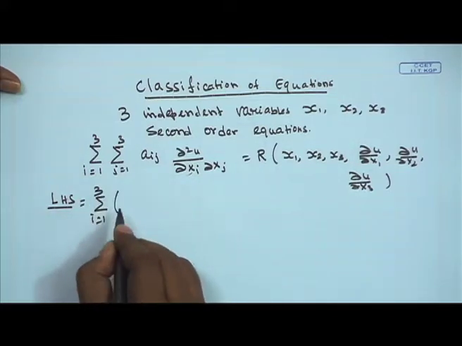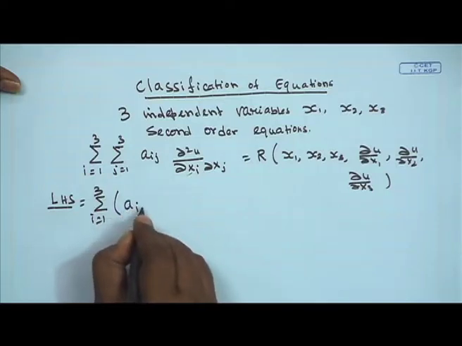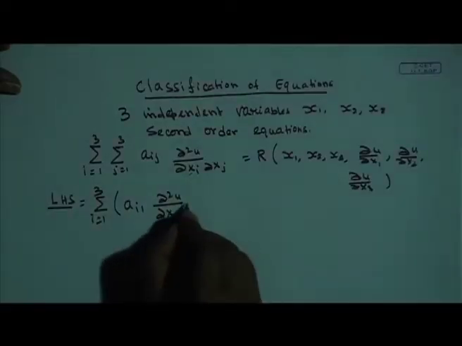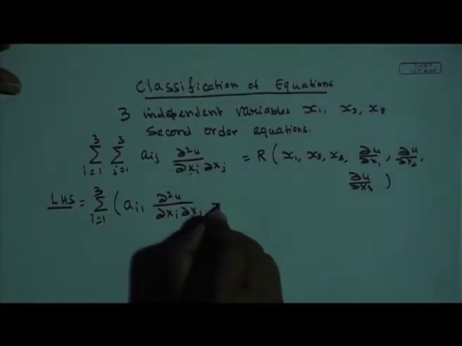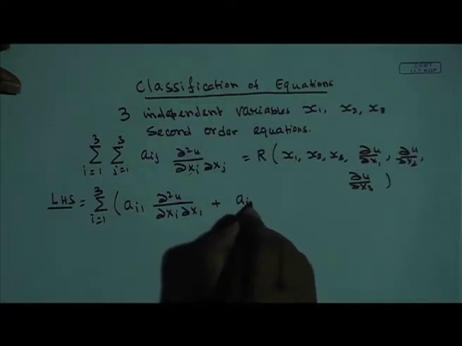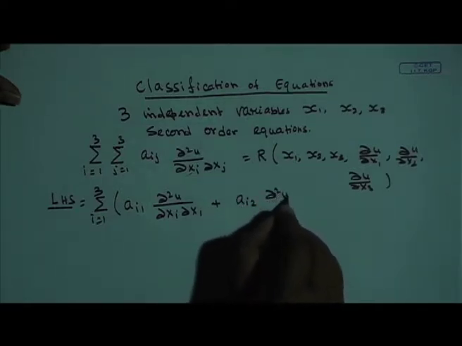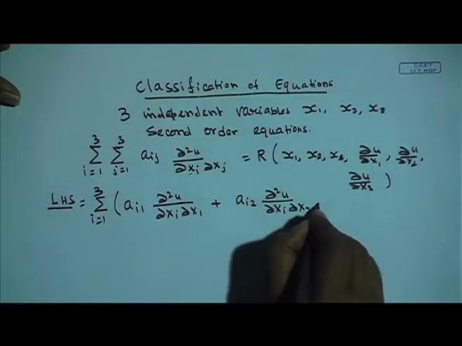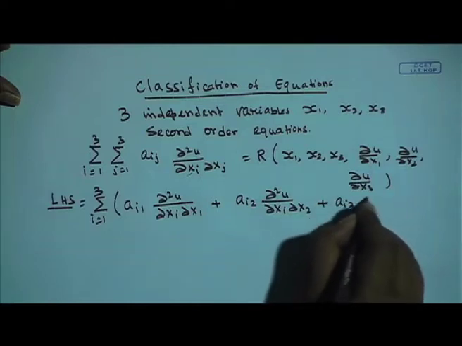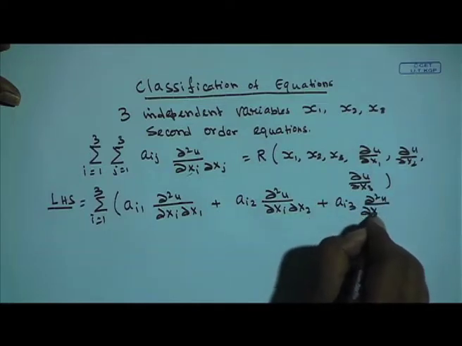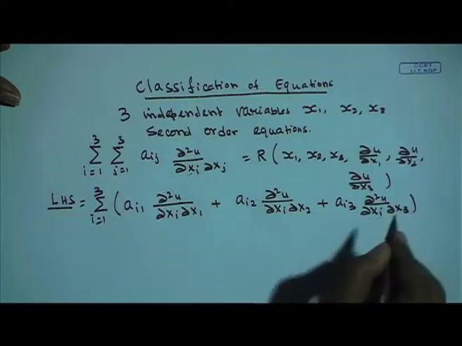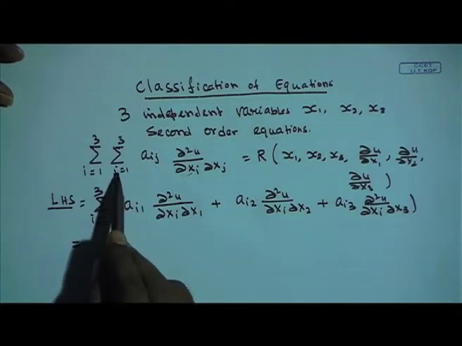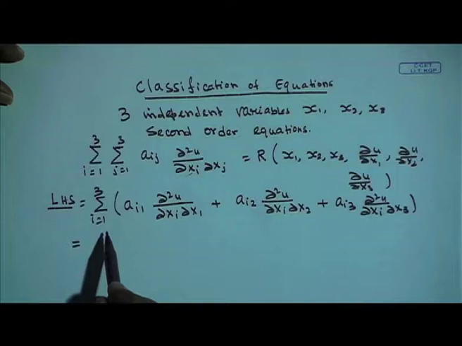So, it will be a_i1 del square u del xi del x1 plus a_i2 del square u del xi del x2 plus a_i3 del square u del xi del x3. So, I opened up the summation over j. Next, I will be opening up the summation over i.